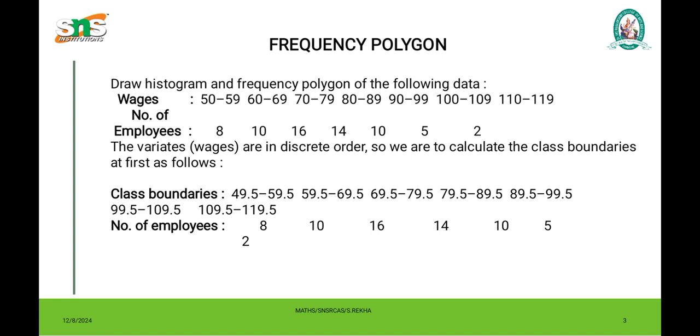If you reduce 0.5 it becomes 49.5, and if you add 0.5 to 59, you get 59.5, and so on. So now the class boundaries become 49.5 to 59.5, 59.5 to 69.5 and up to 109.5 to 119.5, and the data are given. Now we can draw the diagram.